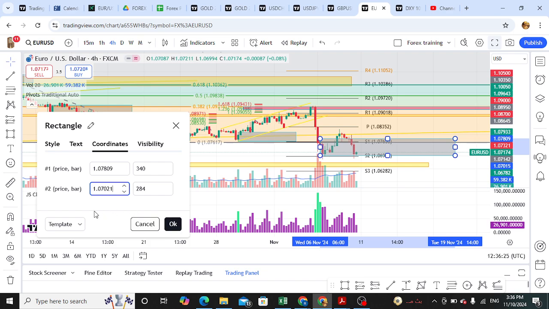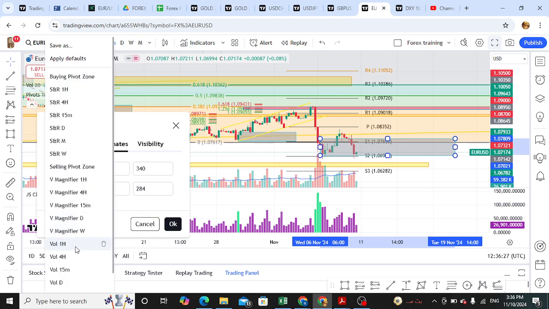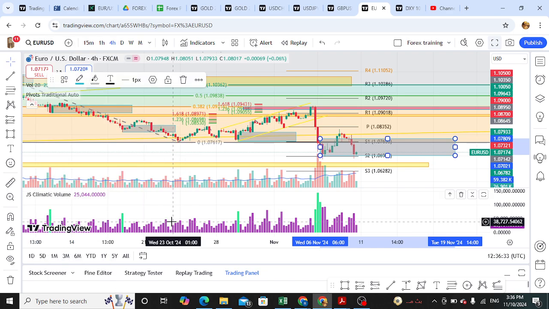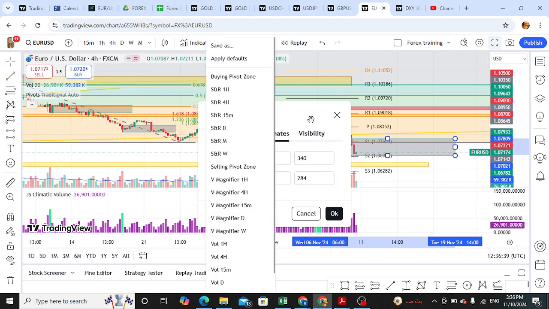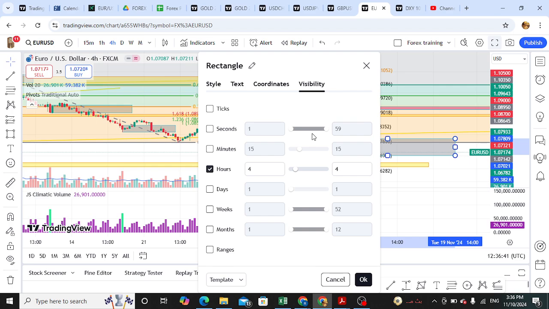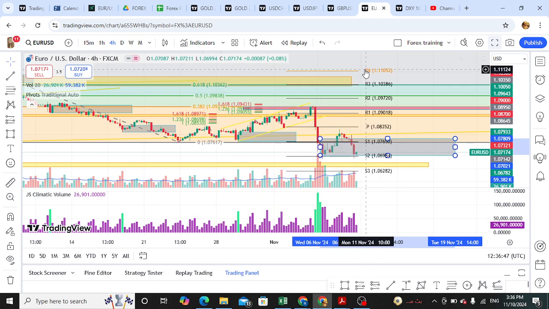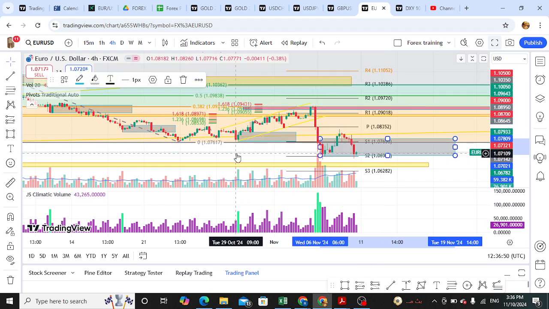Okay, and I give it a template. We are on the 4 hours, so the template is the 4 hour. I do that, the template, so as to control the visibility. The visibility here is only for 4 hours. So I make a template so that I don't have to go and change the visibility every time I put the rectangle.